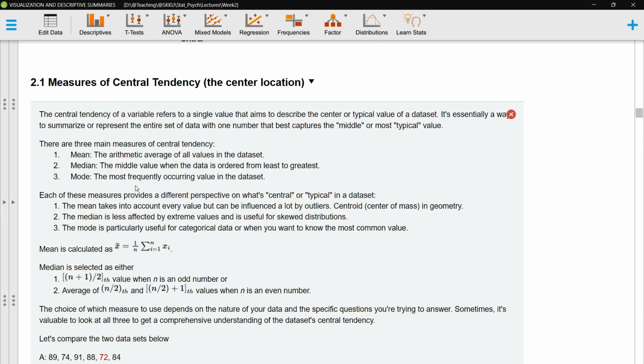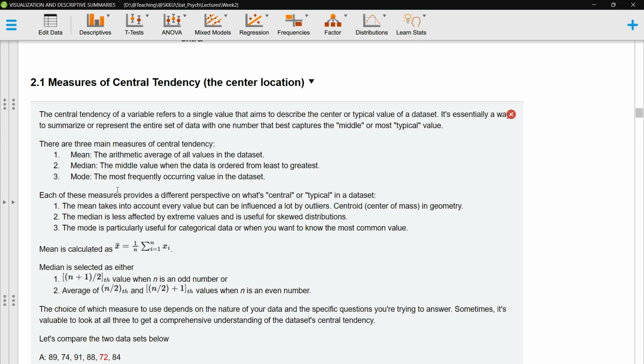But we can still apply the concept of mode to the quantitative variable if we use interval bins, something like that. So for the quantitative variable, the mean and median are the most widely used central tendency measures.